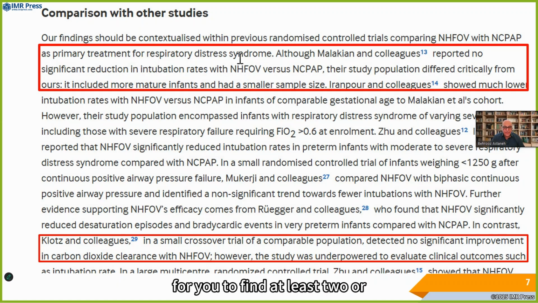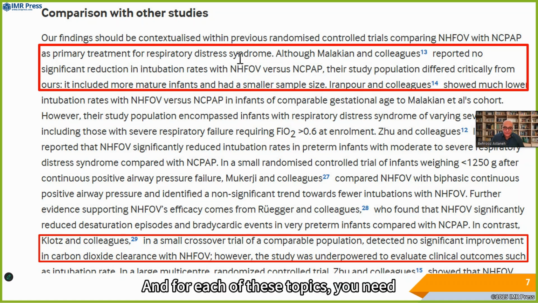So when you are going to write this section of your discussion, it is very important for you to find at least 2 or 3 topics from the results that you have already reported in the results section. So one topic could be about the length of hospital stays in the 2 groups that you included in your study. Another topic can be about, for example, the mortality rate between the 2 groups.